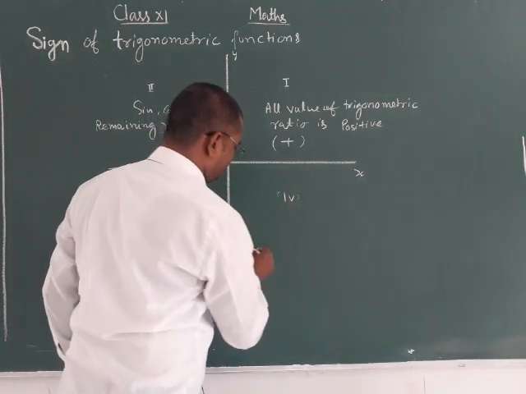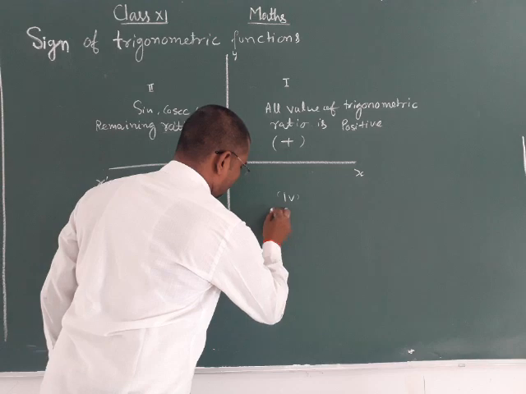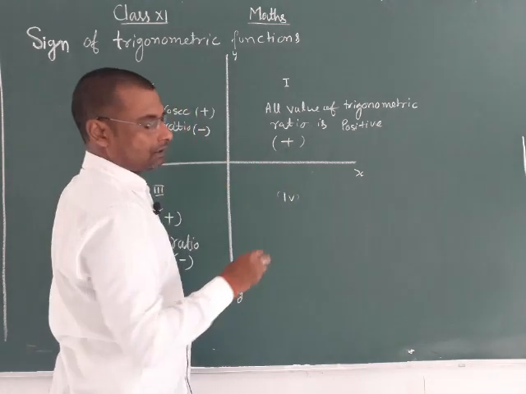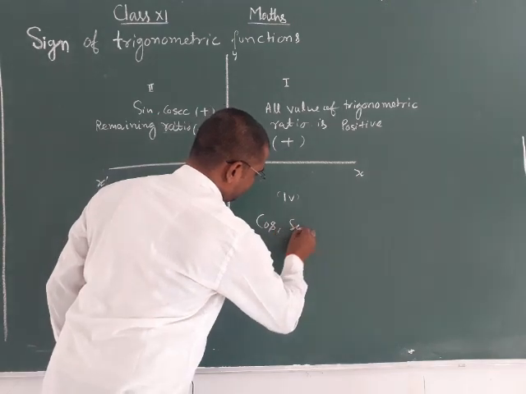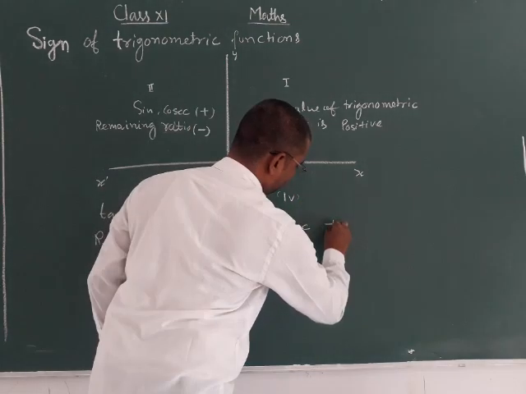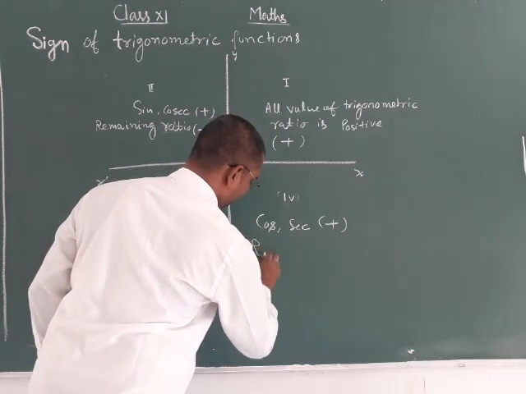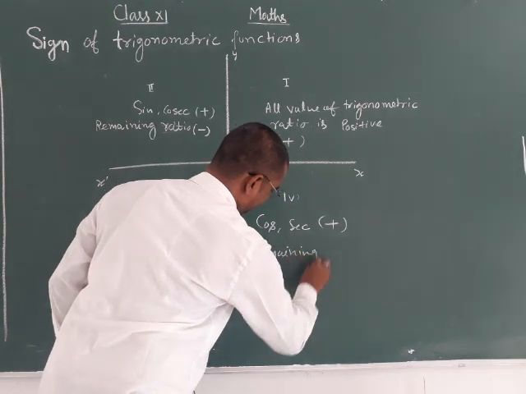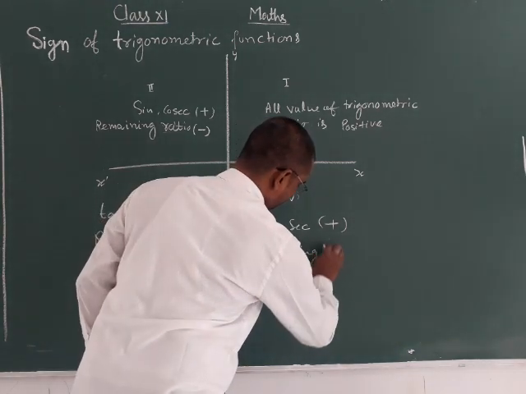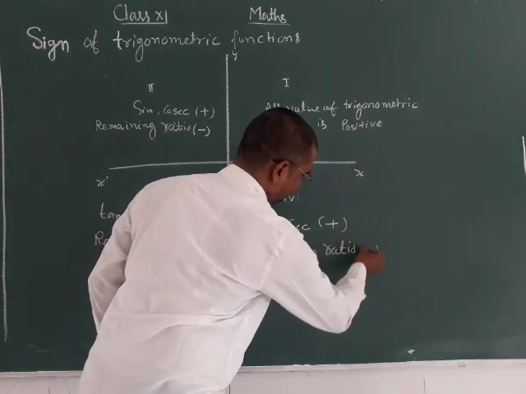And fourth quadrant, cos and sec values are positive and the remaining ratios are negative.